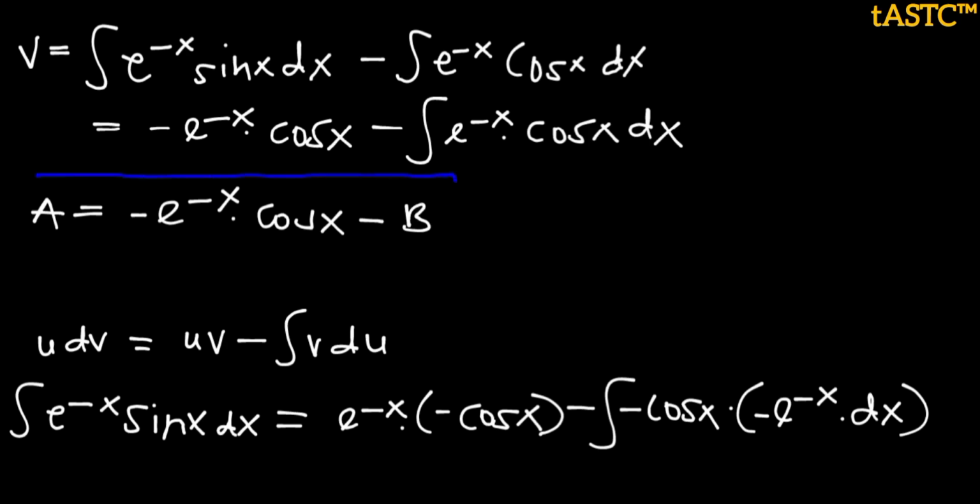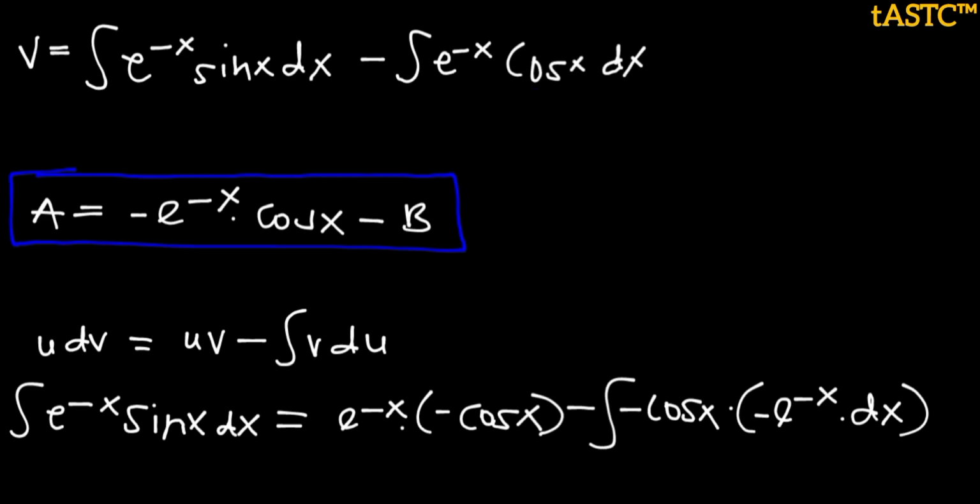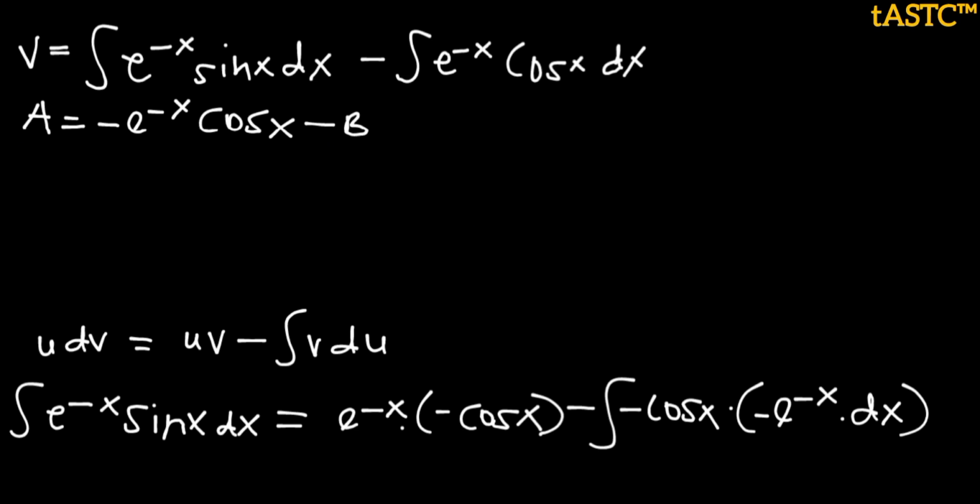We just need to hold this one at the back, so I need to place it somewhere very important. I think I'm going to write it up here. A is equal to negative e to the negative x cos x minus B. Yep, so basically that is what we got.